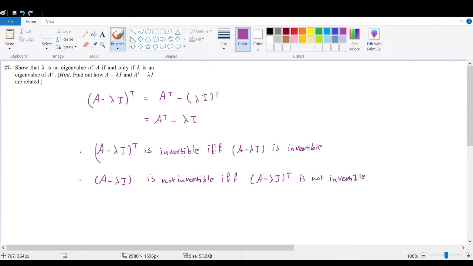So if one is invertible, then the second one is invertible, and so on.